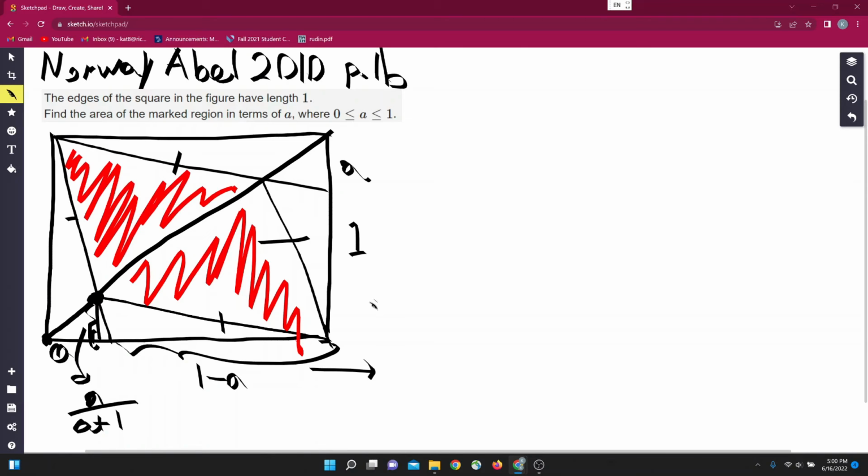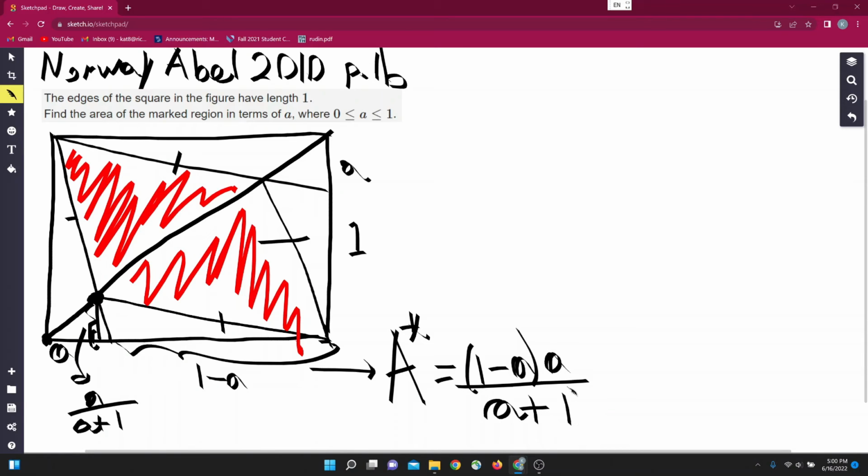We're not going to worry about the 1/2 for now. So, in other words, we're just focusing on the area of all of these things at the moment. So we'll call that A star. A star is equal to, well, 1 minus a times the height, which is a over a plus 1. Right.